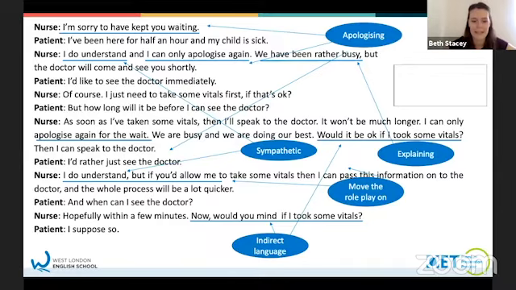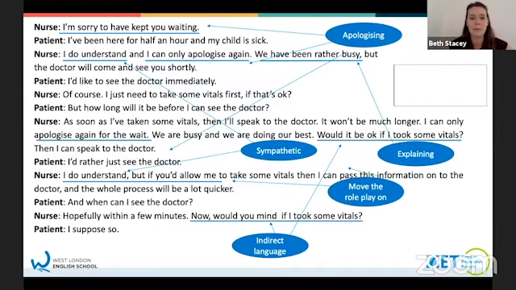So what we can see here is move the role play on. So the nurse is saying, I do understand, but if you'd allow me to take some vitals, and the nurse is very kindly insisting that the next stage begins, the next stage of the consultation.